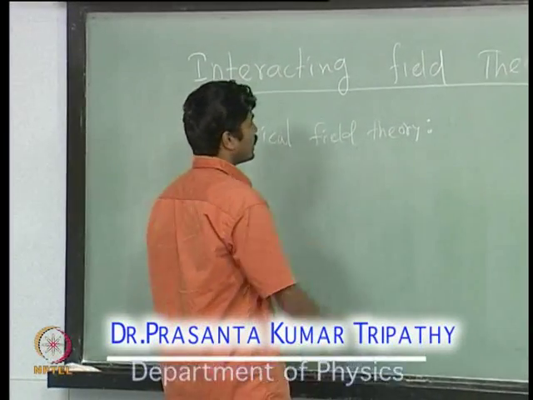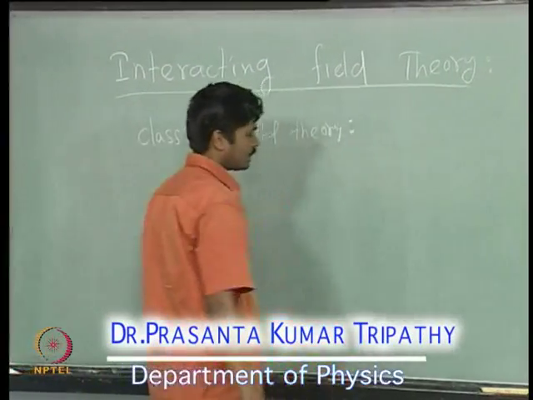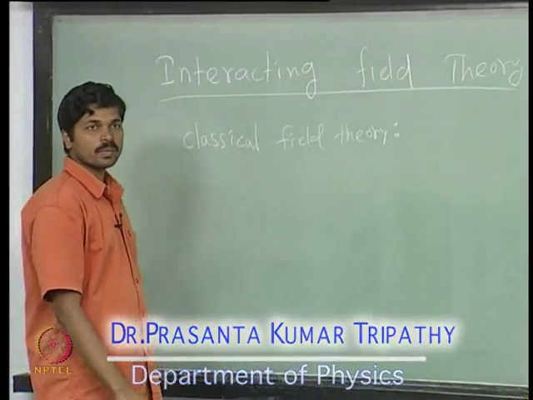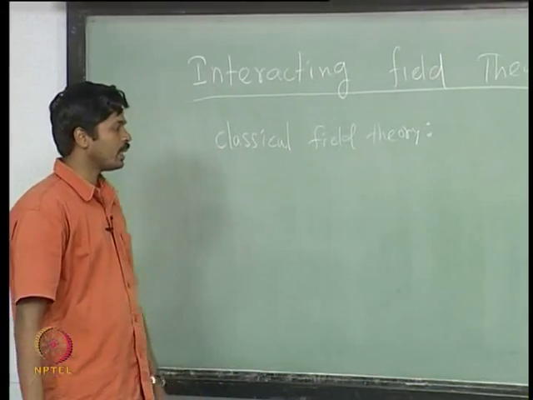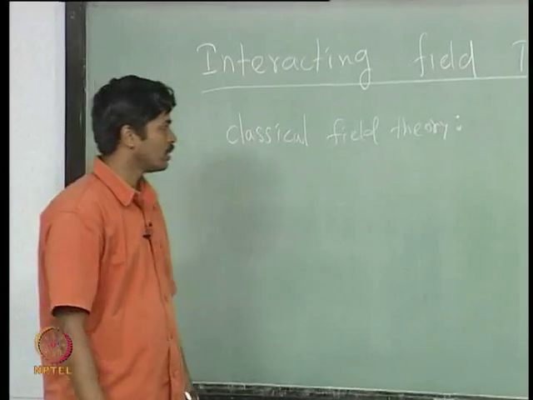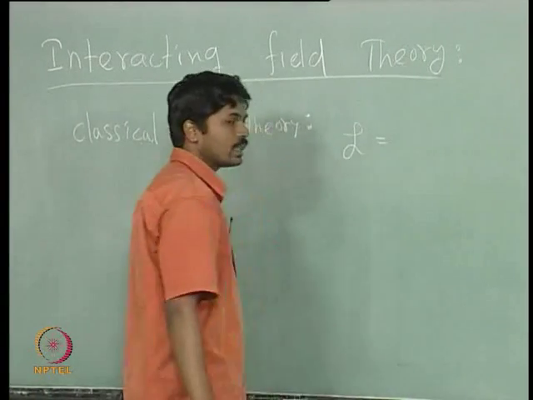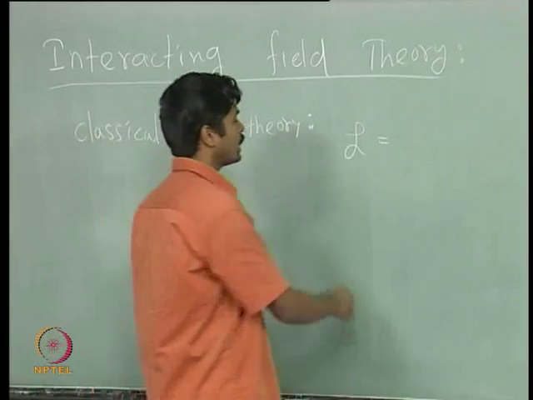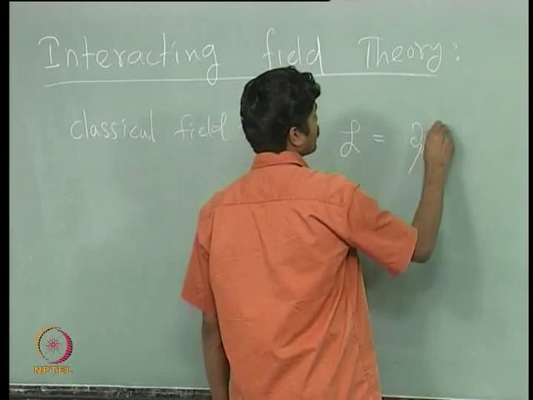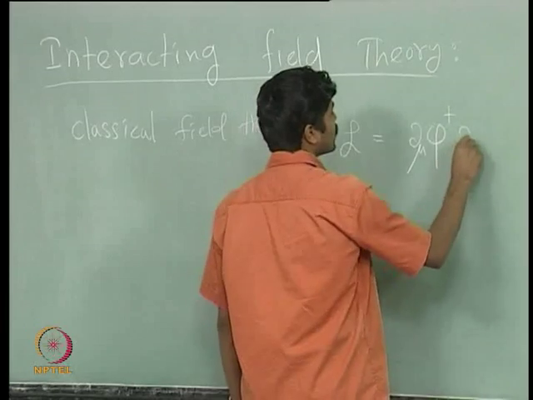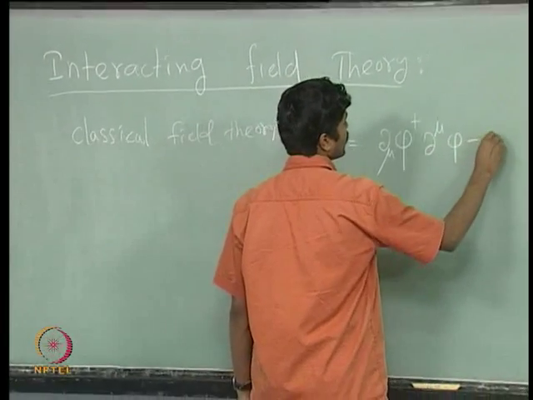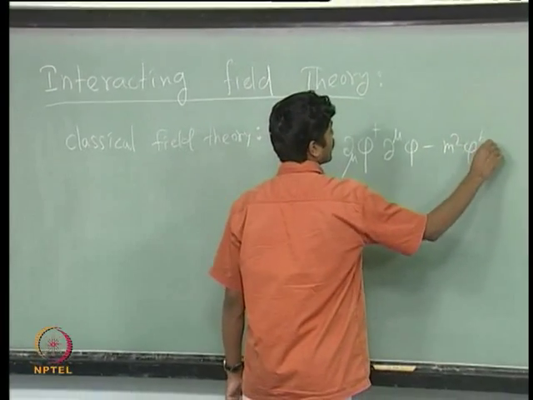One of the very popular examples is the interaction of the electromagnetic field with a charged scalar field. You already know the Lagrangian density for a charged scalar field. It is given by del mu phi dagger del mu phi minus m square phi dagger phi.